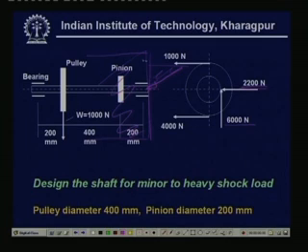So, we need to find out what the bending moment will be when we consider the loading on this plane, and similarly the loading on the transverse plane. This requirement has to be followed first, and then we can find out the design. By the way, the pulley diameter is 400 mm and the pinion diameter is 200 mm. These distances are 200, 400, 200 respectively.